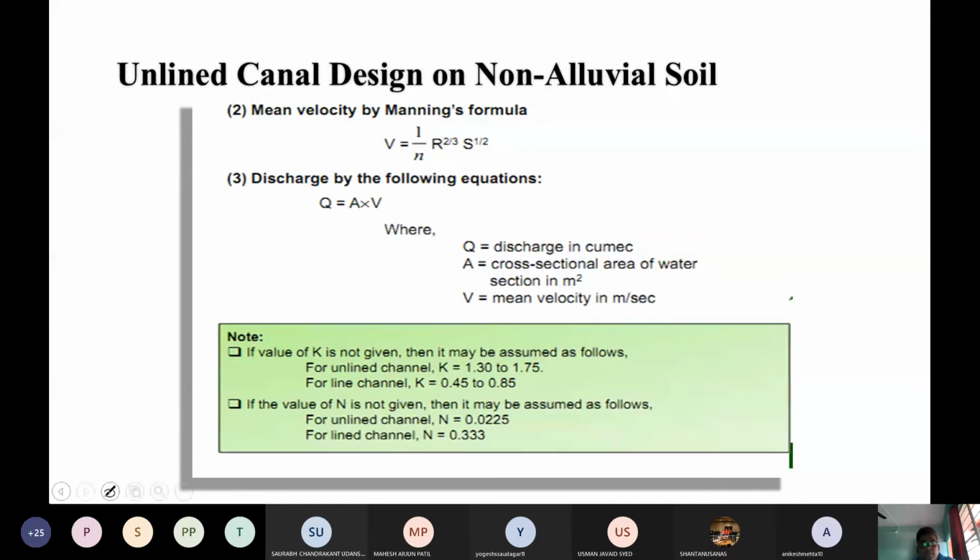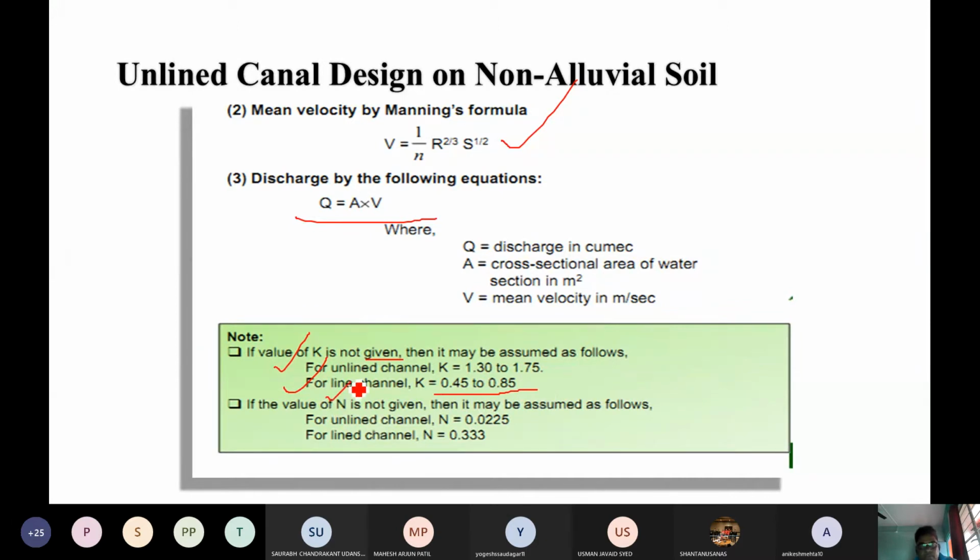Now, the second parameter you consider is the mean velocity, as per the formula you know this. And discharge is nothing but area into velocity, you can find it out. Now, if the value of K is not given, then it may be assumed that for unlined canal the K parameter is equal to 1.30 to 1.75, and for lined canal the K parameter is 0.45 to 0.85.